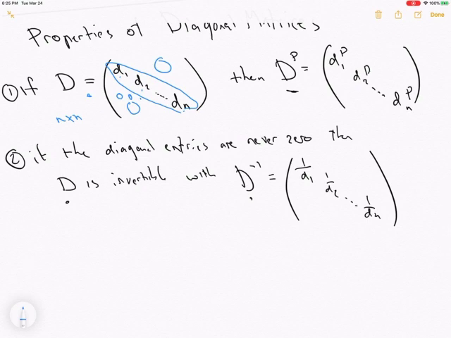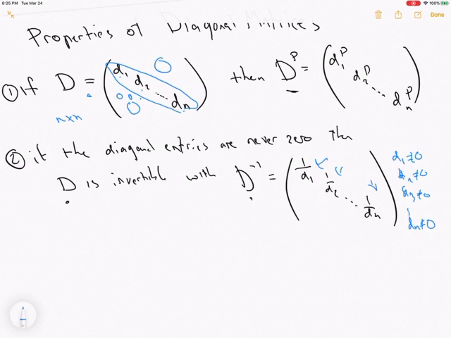So the assumption here is that D1 is not zero, D2 is not zero, D3 is not zero. None of these diagonal entries, up to Dn, can be zero. If they're not zero, then all of these are perfectly acceptable. You can take the reciprocal of any non-zero number.